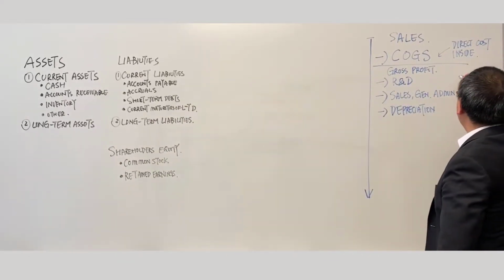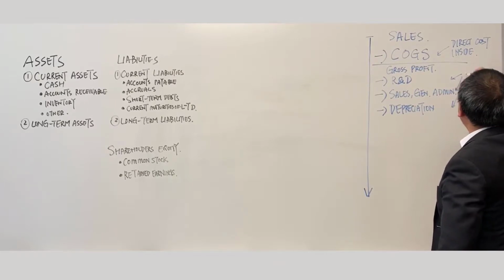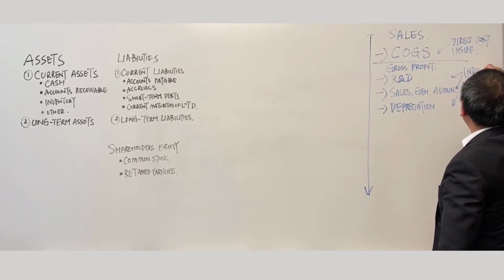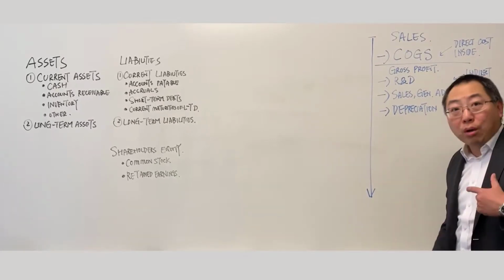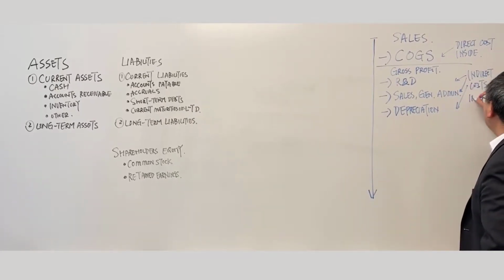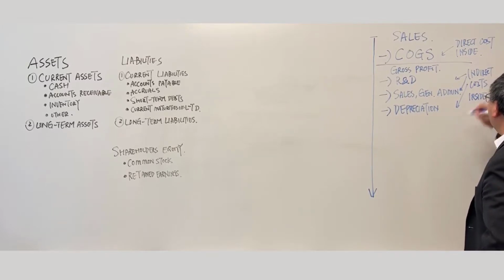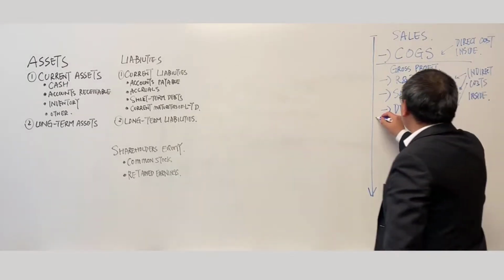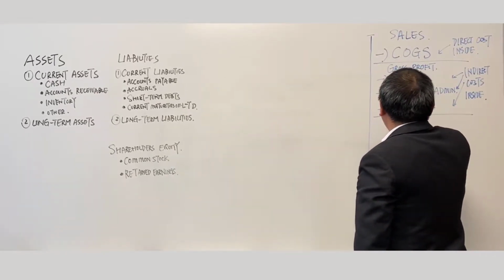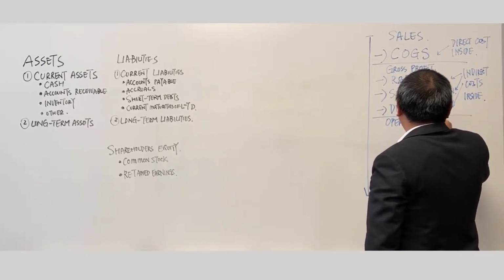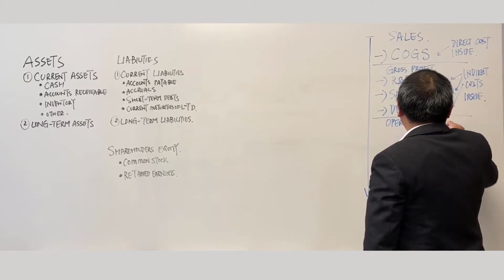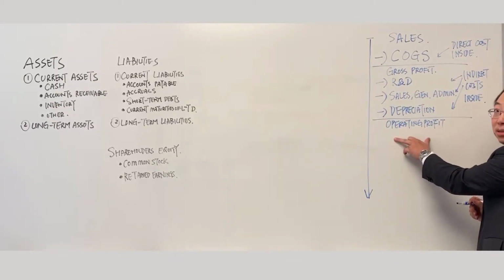These are all indirect costs to our production, but inside our firm. As a result, we'll have our operating profit, all about our main business.